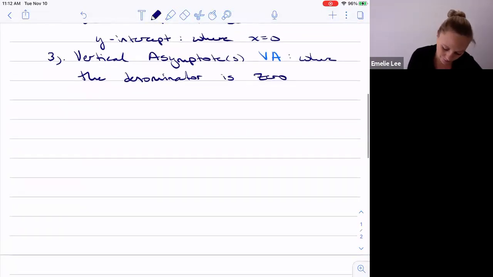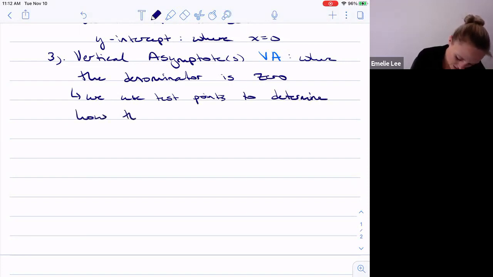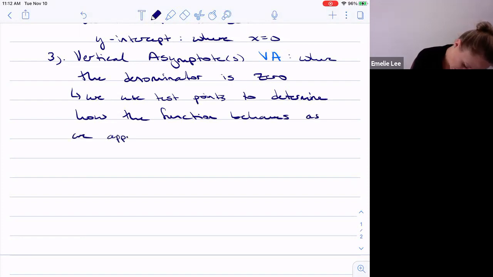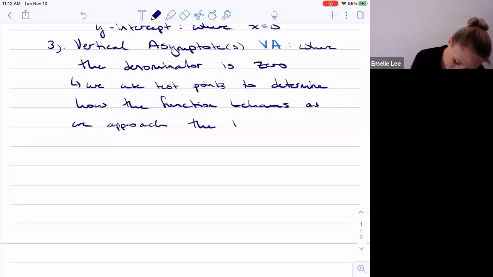And so we use test points to determine how the function behaves as we approach the vertical asymptote from the left and from the right.